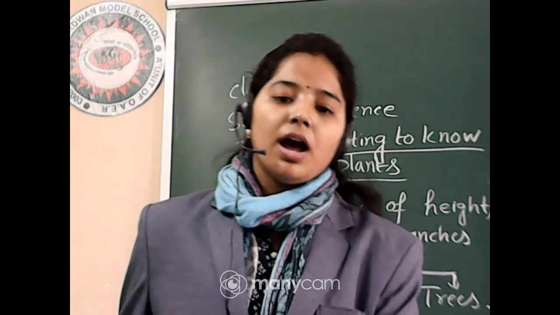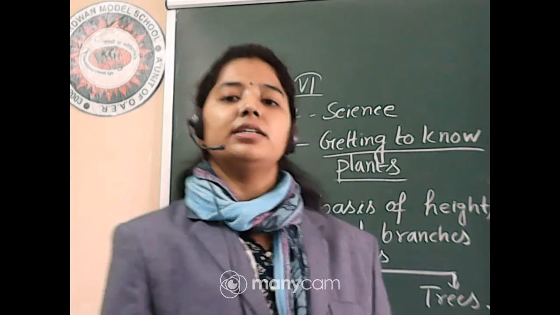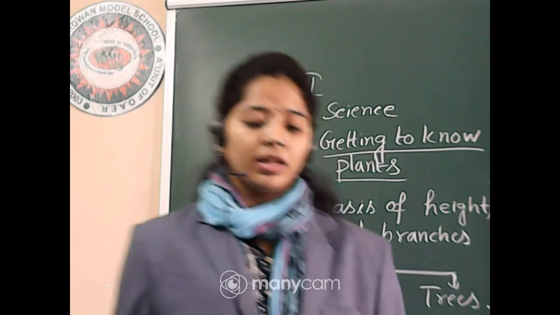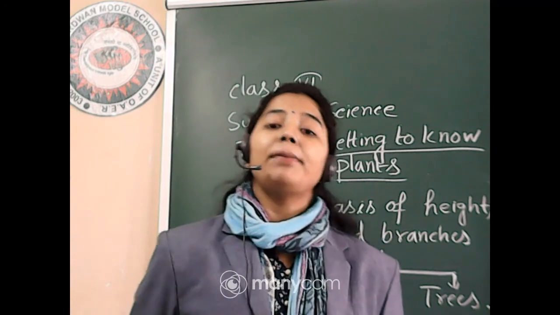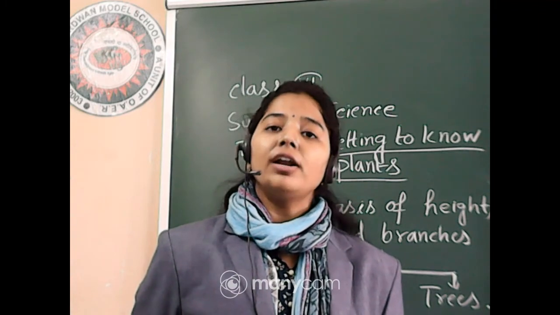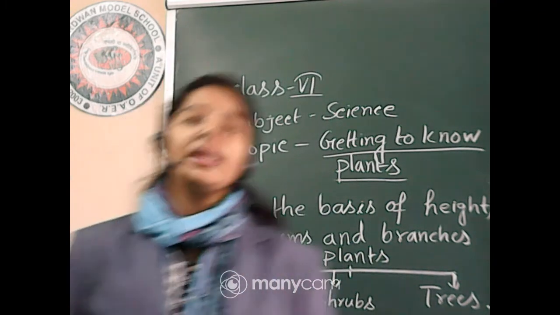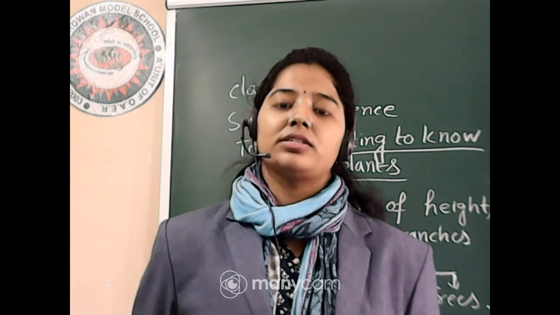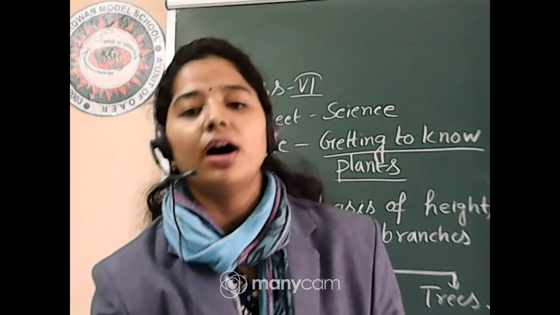Now, let's know how these types are different from each other. The plants with green and tender stem are called herbs, and they are usually very short and may not have many branches. These are the common characteristics of a herb.